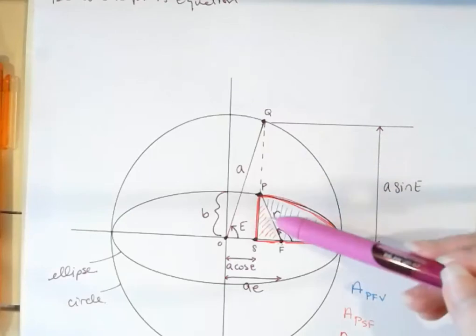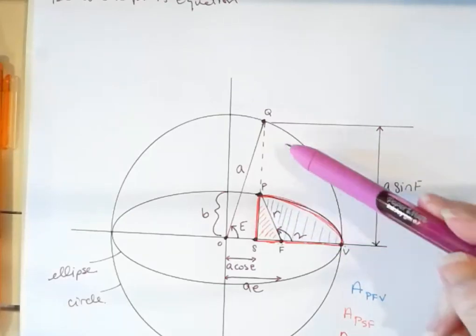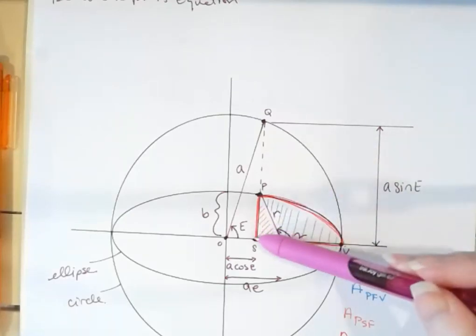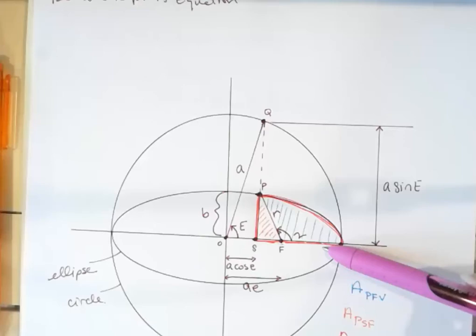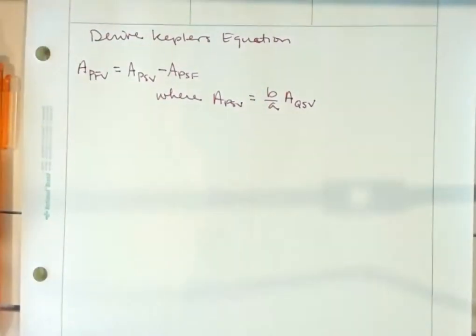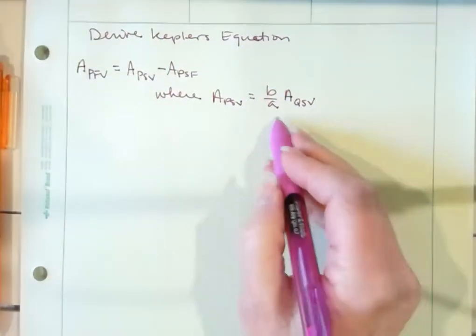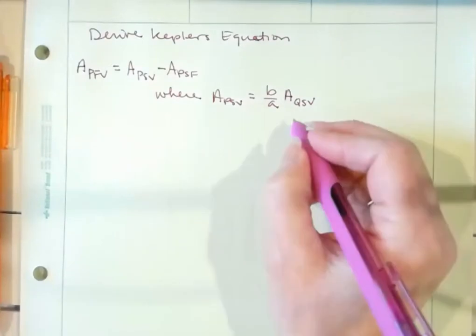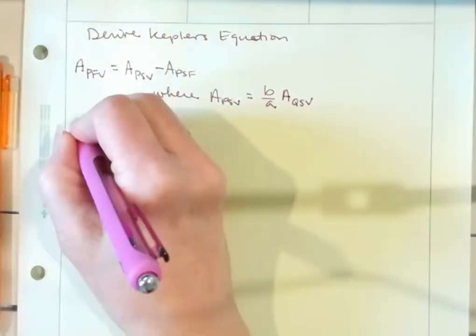So we can use that ratio we came up with between the ellipse and the circle, the b over a, and multiply it by this area here, and then that'll give us the area of PSV, which is this little piece here. That's just geometry, so if that part doesn't make that much sense, don't worry about it too much.